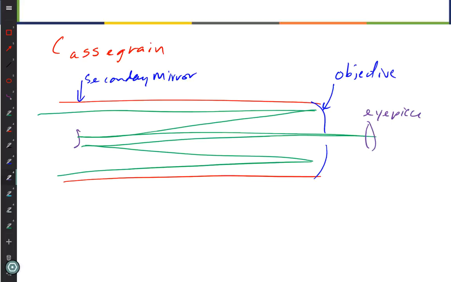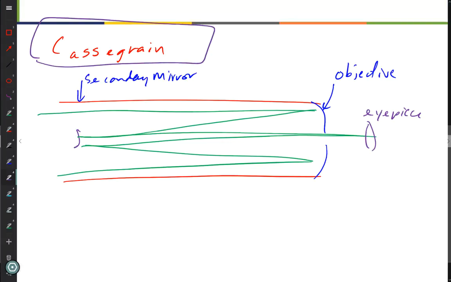That's still part of the length for the light path, but the light path doubles inside of that telescope. So the telescope is only half as long as you'd have to make if you made a refractor. So this is actually the design that is utilized in the vast majority of research telescopes because it uses space efficiently. Now there is an inefficiency. What's the inefficiency you see here? Yeah, this part here is blocked out.